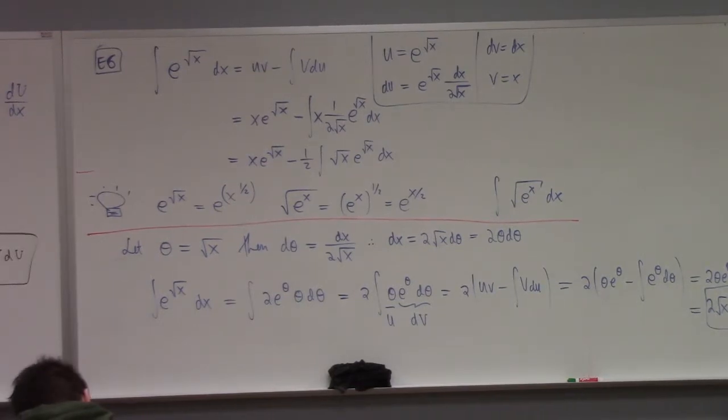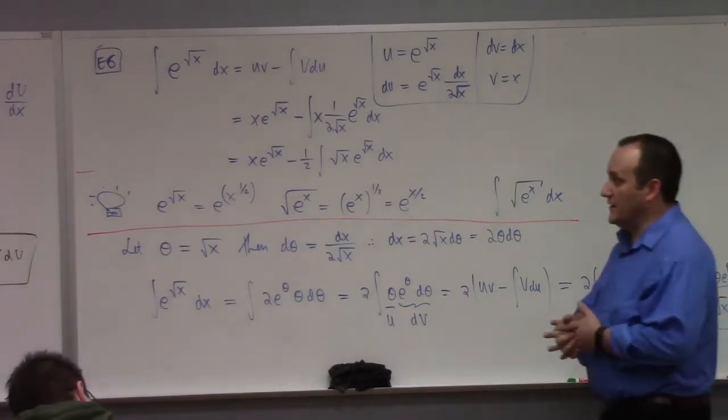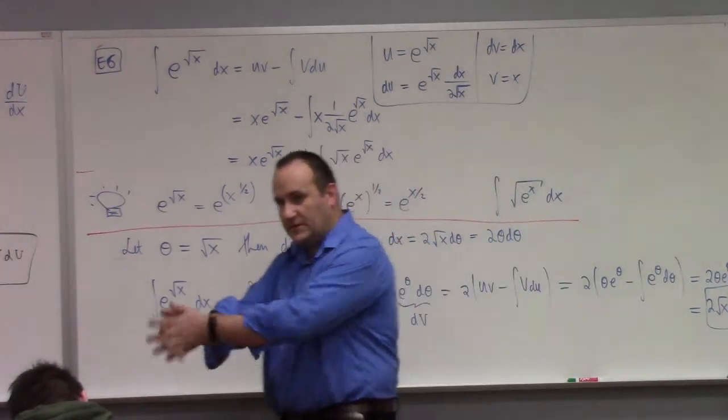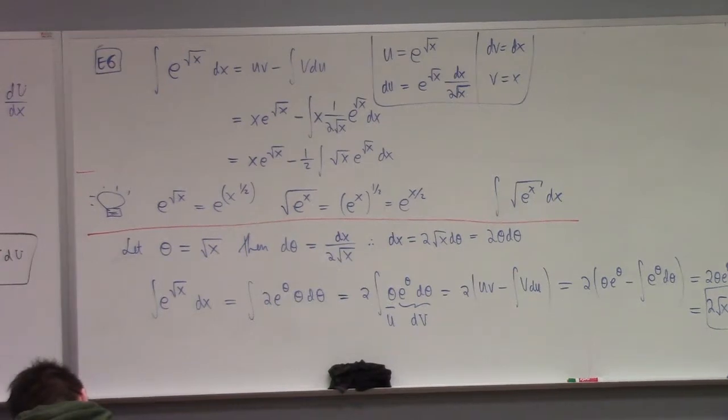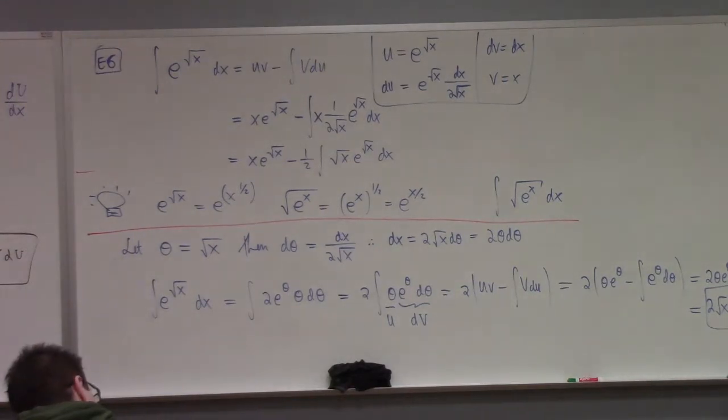Now, this example that I'm sharing with you right now, example 6, I don't typically do this on the first day of integration by parts, because to me, this is that fourth case I was talking about. We study integration by parts, we study implicit substitutions, we study trigonometric, we study partial fractions, and then at the end of all that, we combine methods.